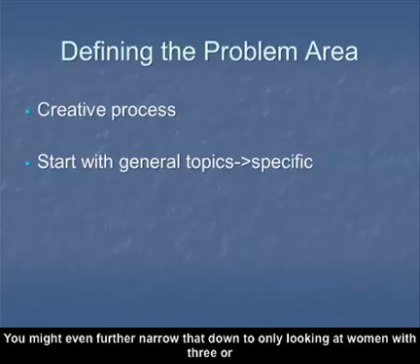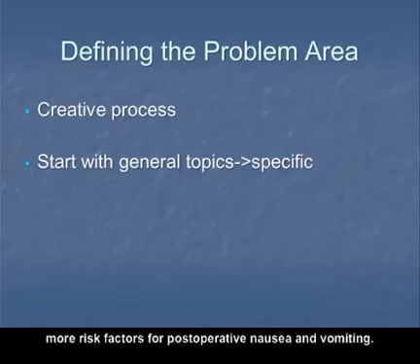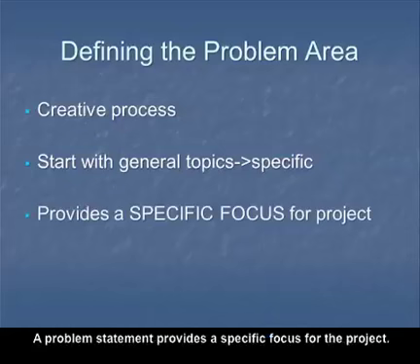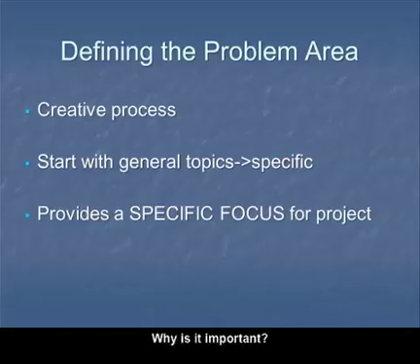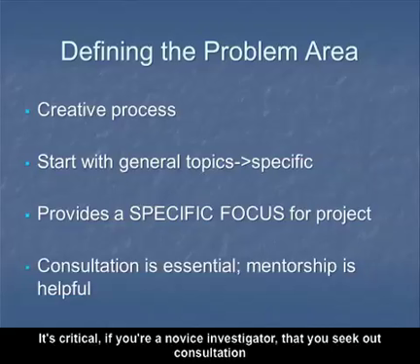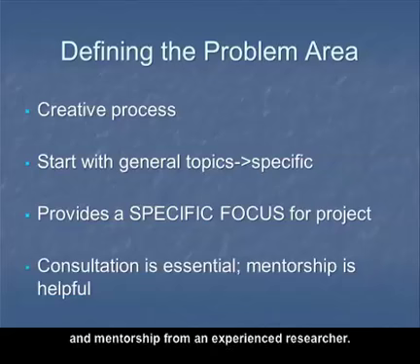You might even further narrow that down to only looking at women with 3 or more risk factors for postoperative nausea and vomiting. So the problem statement provides a specific focus for the project. It tells the reviewer and the reader what you are planning to do in the study and why it is important. And it's critical that if you're a novice investigator, you seek out consultation and mentorship from an experienced researcher.